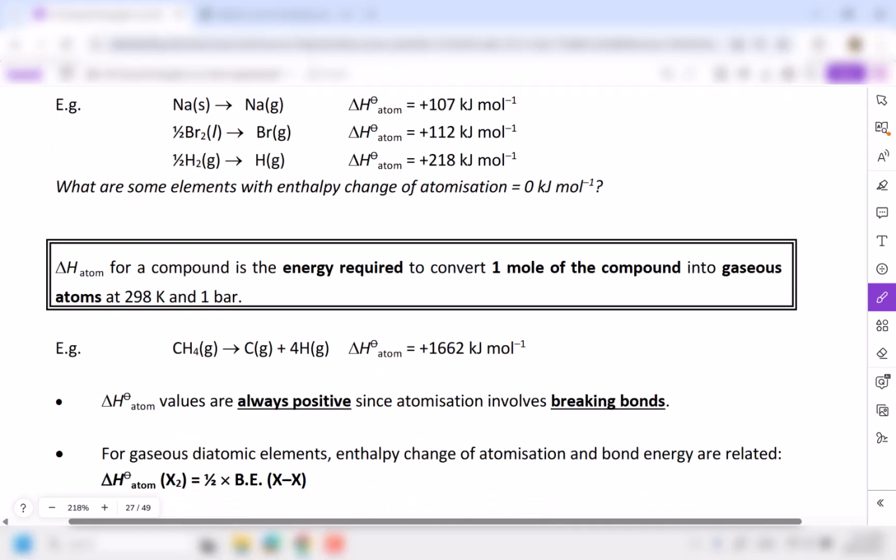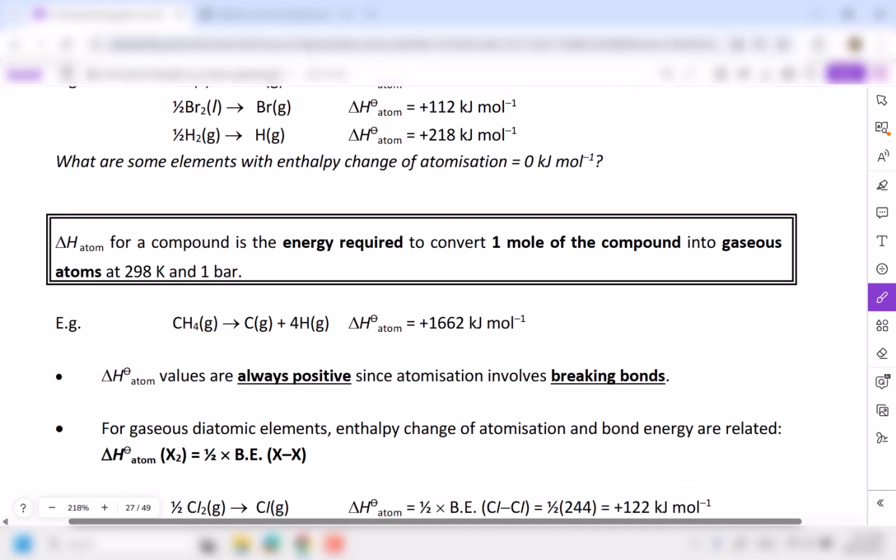For the case of CH4, you're going to break all the 4 C-H covalent bonds, and you're going to end up with an enthalpy change of atomization for this compound of 1662. So here you were told that it's always positive and it always involves breaking bonds. I think this should be quite straightforward.